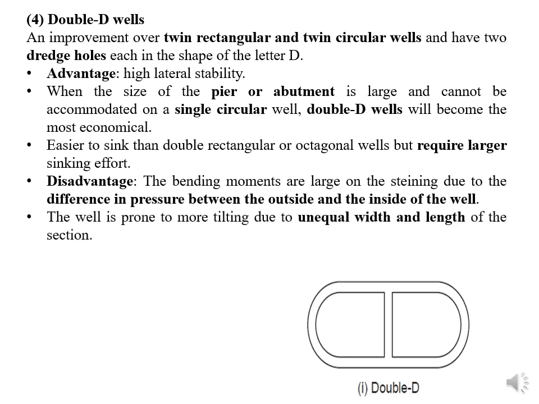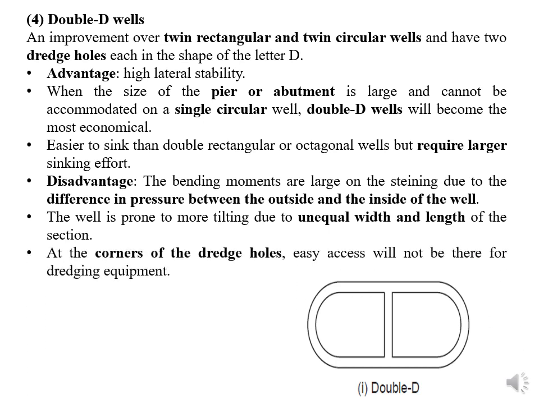The well is prone to more tilting. It may not go straight. Why? Because due to the pressure difference inside the well and outside the well, there is a chance of tilting. At the corners of the dredge holes, easy access will not be there for dredging equipment. Dredging machine, I have shown you the figure.